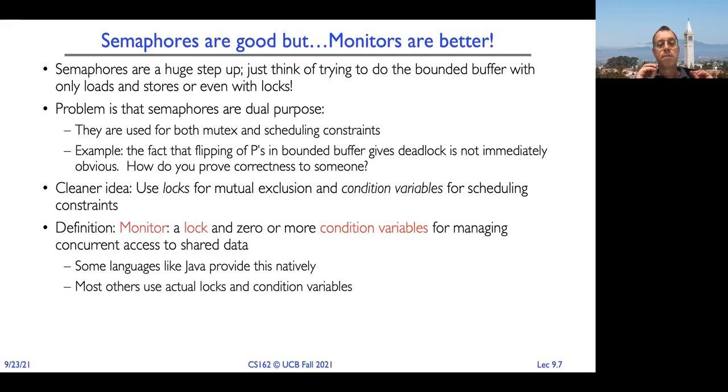Some languages provide this natively, and in most of the others you can use locks and condition variables as distinct abstractions. If you have any questions, let me know. These lectures, the past lecture and this one, are not very easy to follow because they are about concurrency, about programs which execute concurrently.